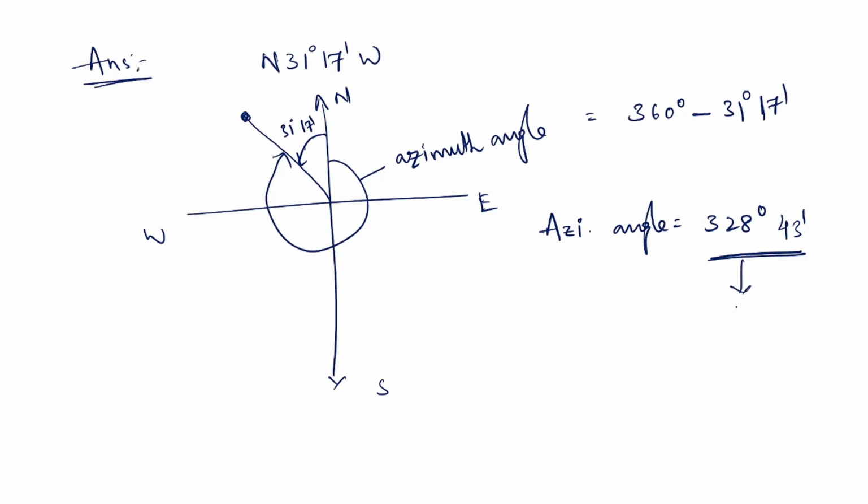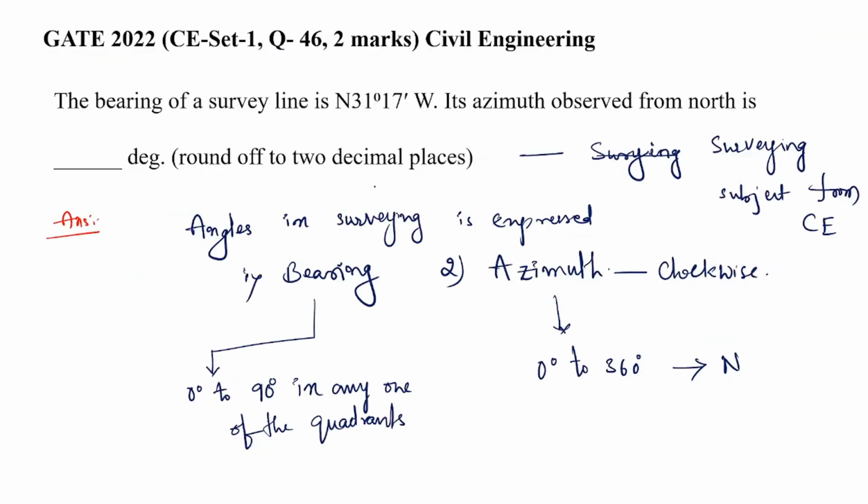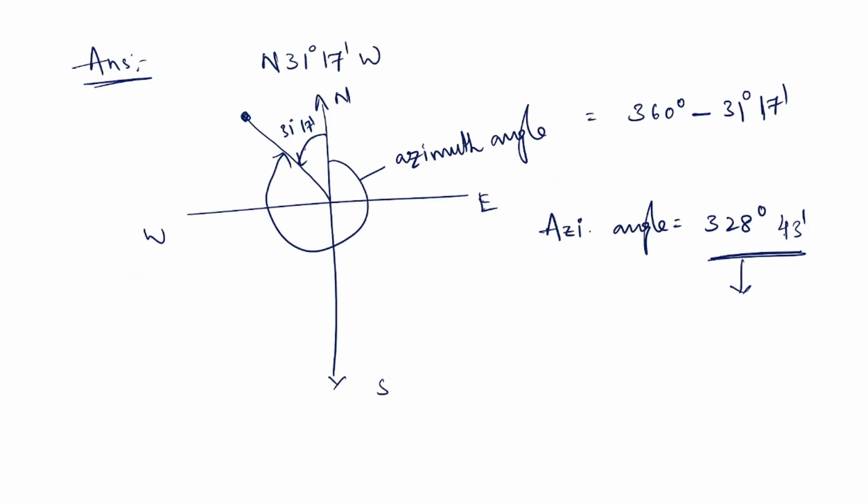Now you cannot express it in this way, because the question is asked in degrees only, rounded off to two decimal places. So you have to convert this into decimal degrees. 328 can be written as it is. The 43 minutes should be converted to degrees. 43 divided by 60 is 0.716 degrees.